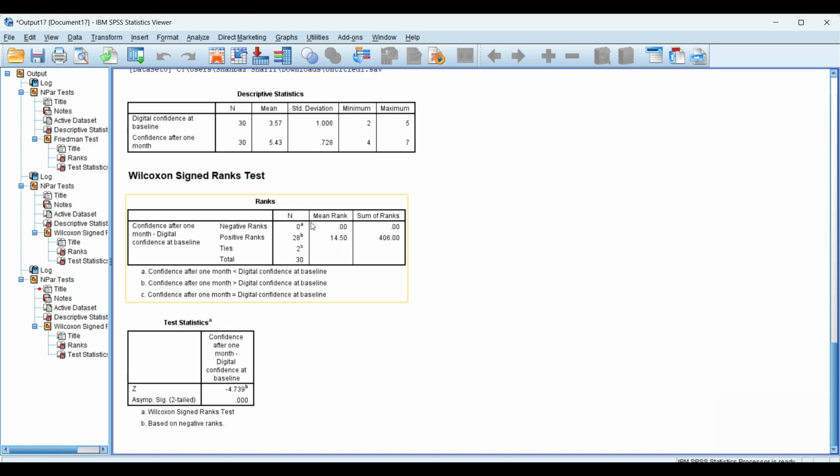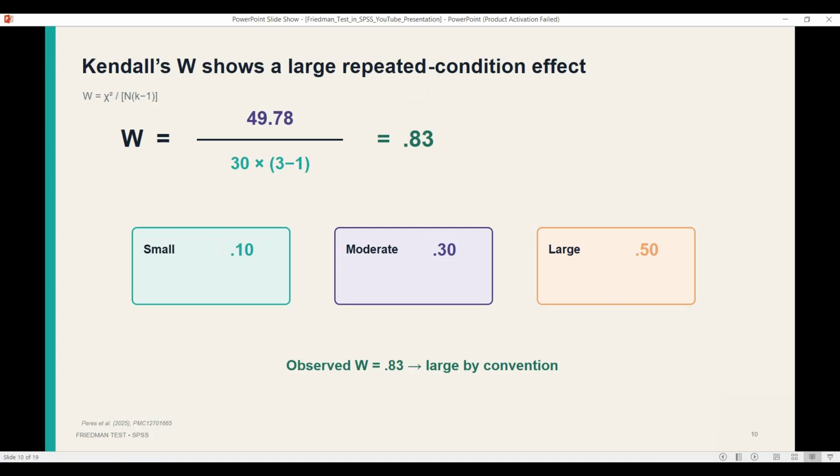So in this way we also calculate the Kendall W by using this formula. We calculated and found that it was 0.87, which is also higher than this value. So we can simply say that there was also a very large improvement from baseline to after 1 month.